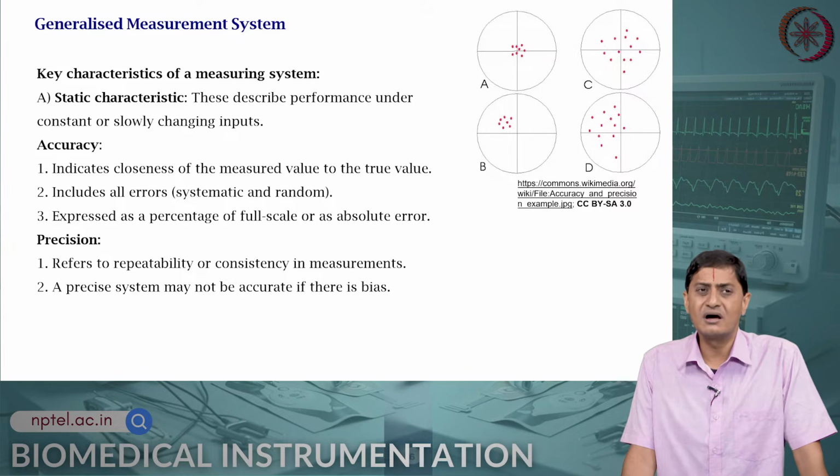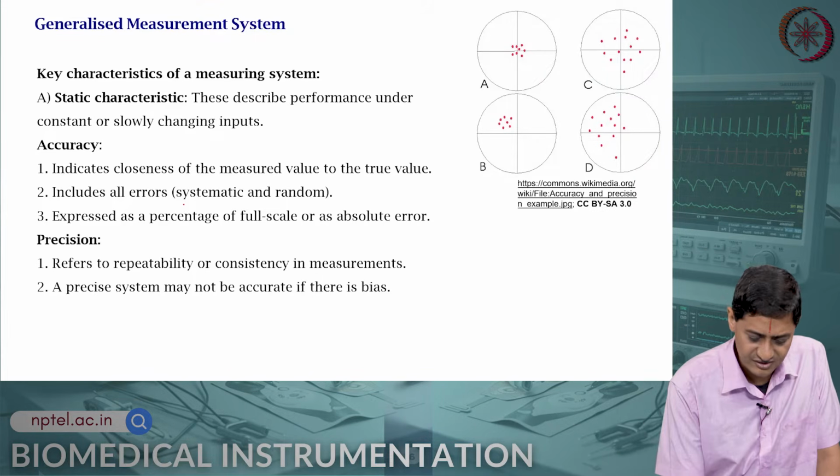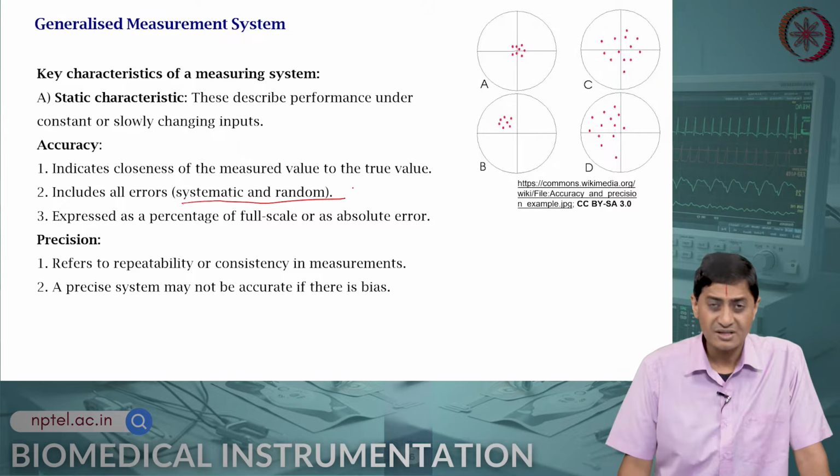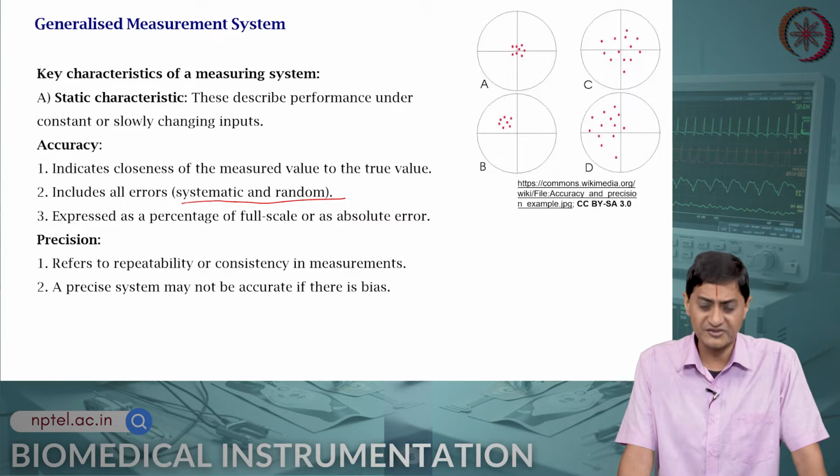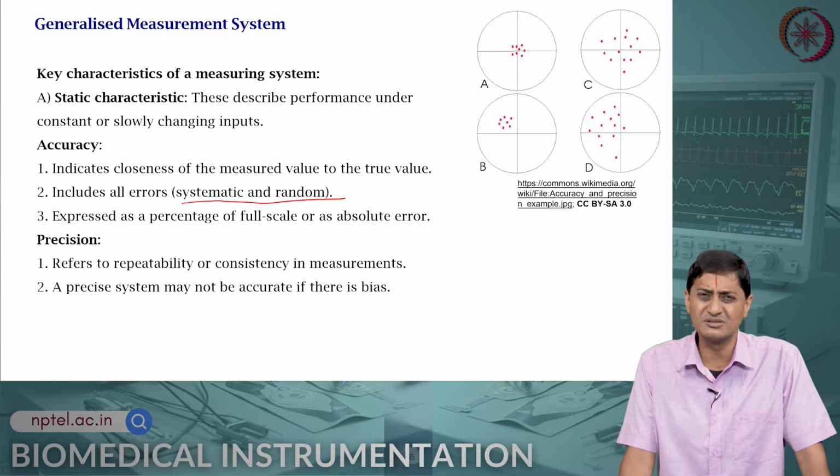It includes all forms of error. So, you are not going to classify different types of errors. It is going to include all forms of errors, systematic errors and random errors. It is usually expressed as a percentage of the full scale value, or as an absolute value in the corresponding units.